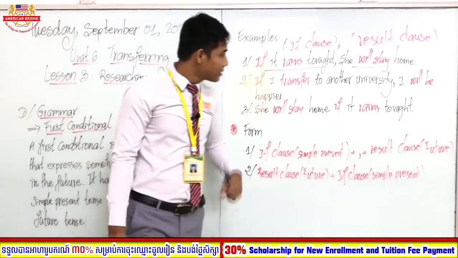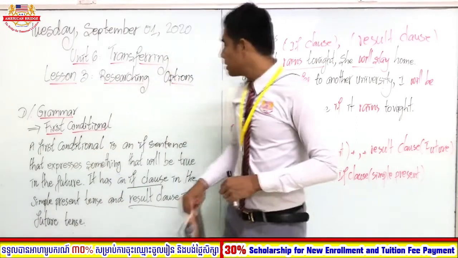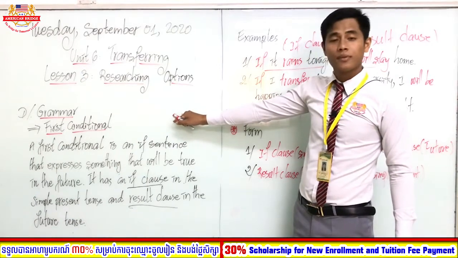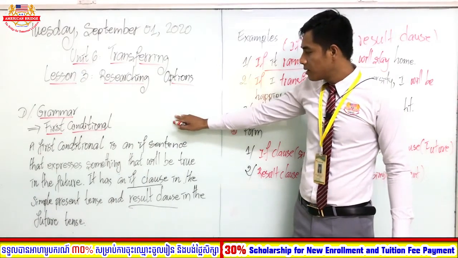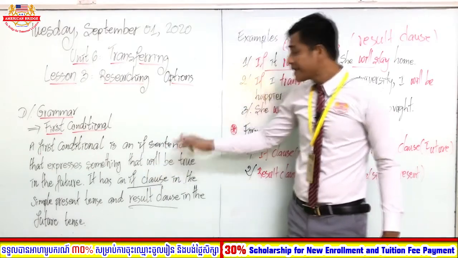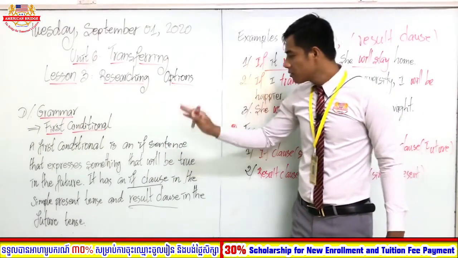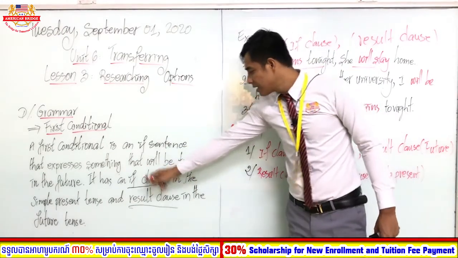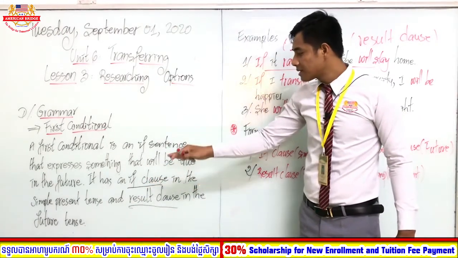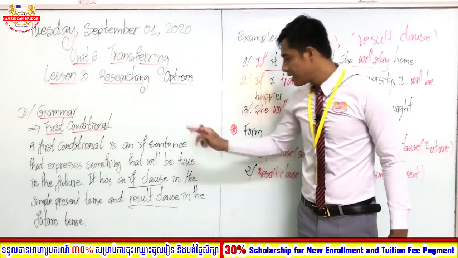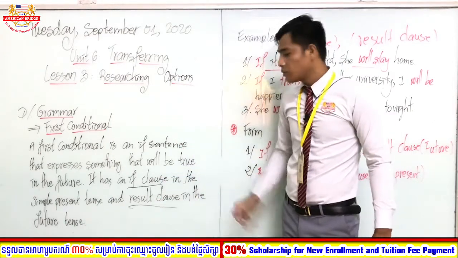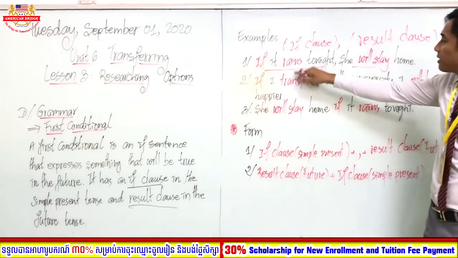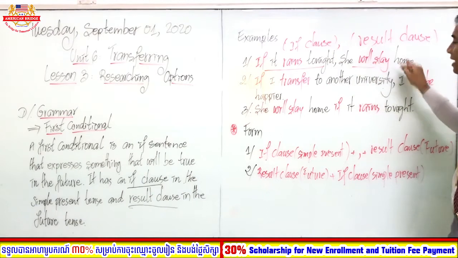All right, students, good. So today we learned about the first conditional, and the first conditional is used to express something that will be true in the future. It has an if clause in the simple present tense and a result clause in the future tense. As you can see in the examples: if it rains tonight, she will stay home.